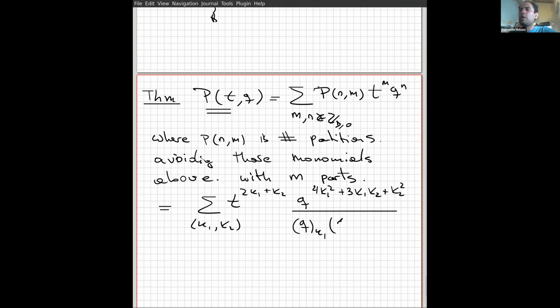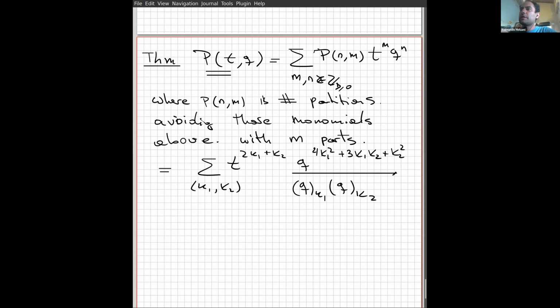These are q-combinatorial coefficients, and this needs to be multiplied by a polynomial like this.